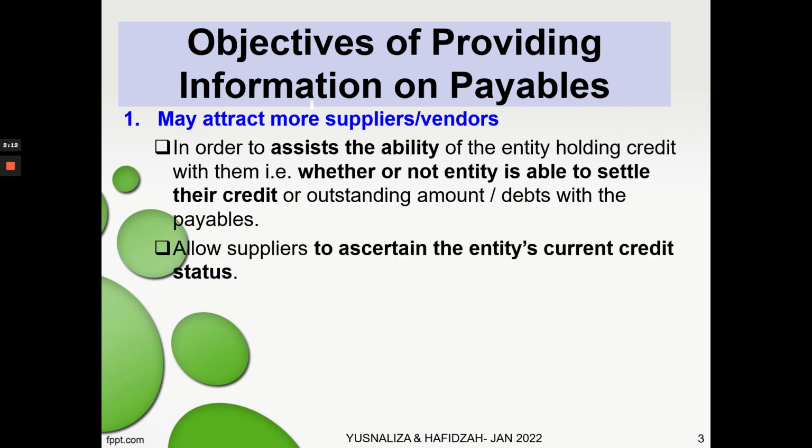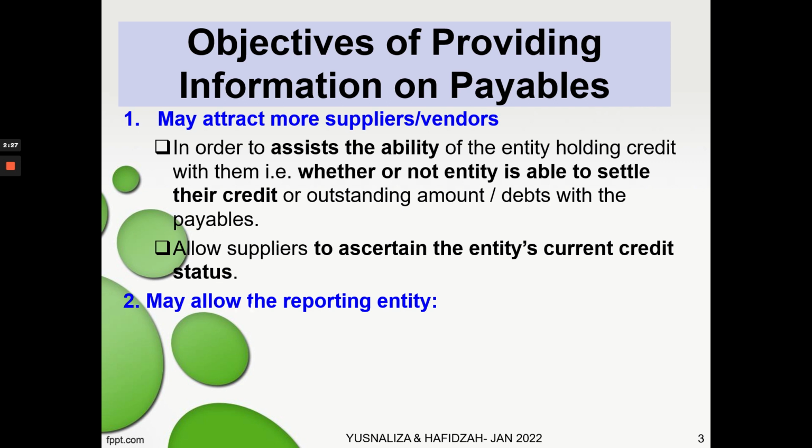Allow the suppliers, which is the payable, to ascertain the reporting entity's current credit status or the creditability, the financial liquidity of the company.